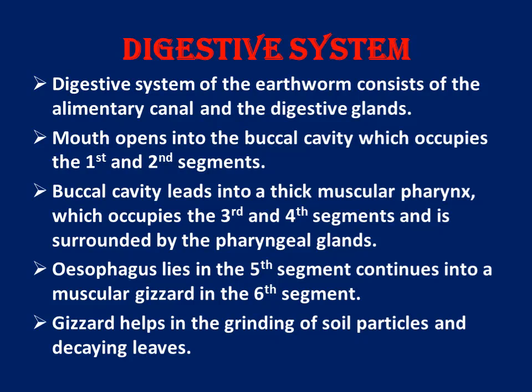It is in the third and fourth segment, and it is surrounded by pharyngeal glands. Fifth and sixth segment has an esophagus, and it continues into a muscular gizzard. In the sixth segment, the gizzard helps in the grinding of soil particles and decaying leaves.